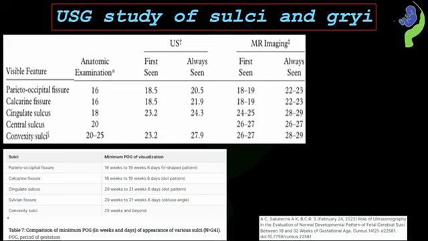So if a particular sulcus is not visualized beyond this gestational age, it should raise a concern for delayed sulcal development, and these fetuses should be followed up serially. Therefore, these thresholds will serve as a critical diagnostic benchmark during the fetal neurosonogram evaluation.